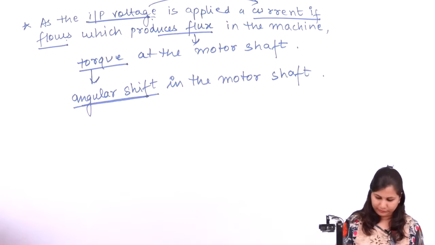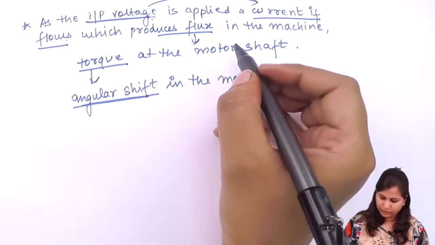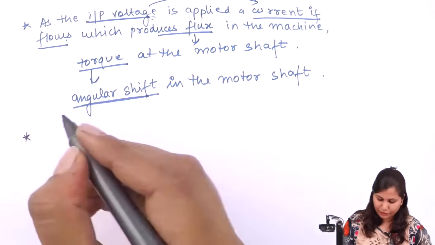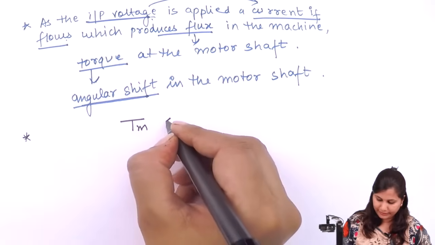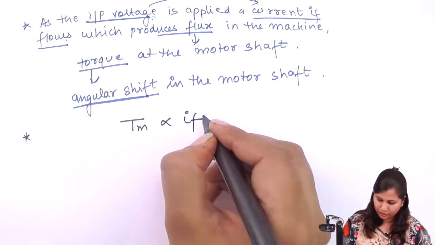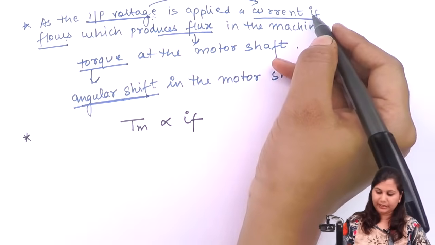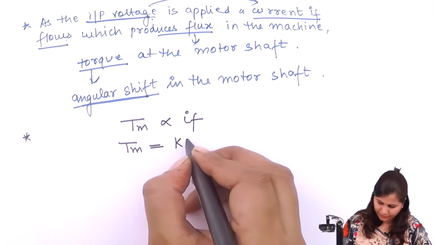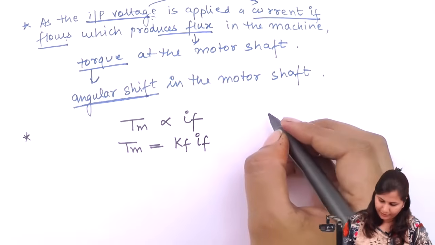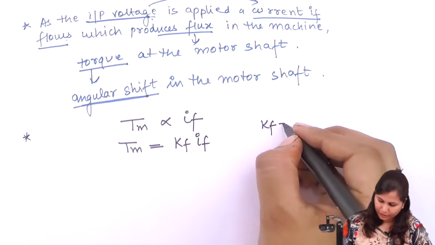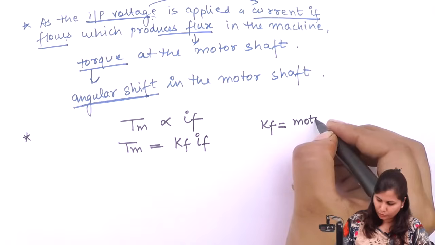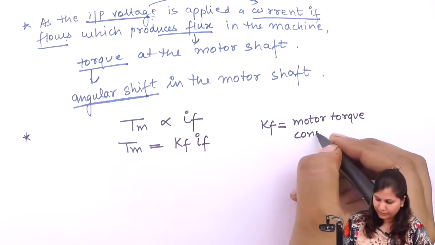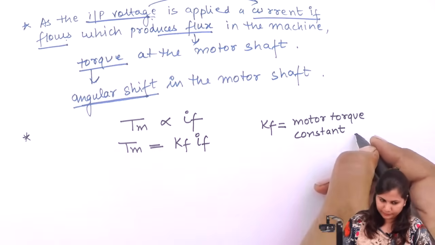Now the torque which is produced at the motor shaft, Tm, is proportional to the field current which is producing it. So if we remove the proportionality sign, we have the constant KF times IF. And what is this constant? We will call it the motor torque constant.